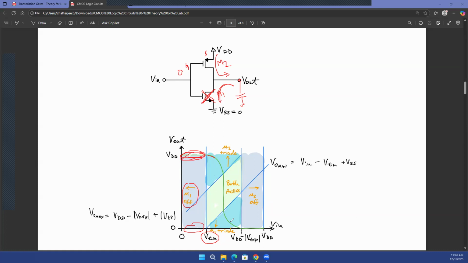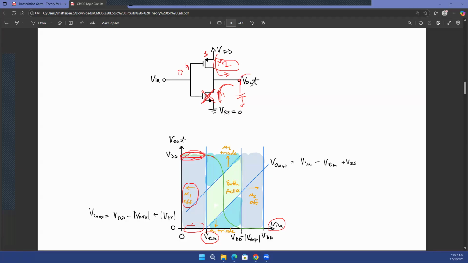And then there would be a time as you keep on increasing the input voltage, at some point, the VSG, originally what was happening to transistor M2, the VSG was very high, much, much larger than the threshold voltage. So the transistor was on. But at the same time, look at the VDS.